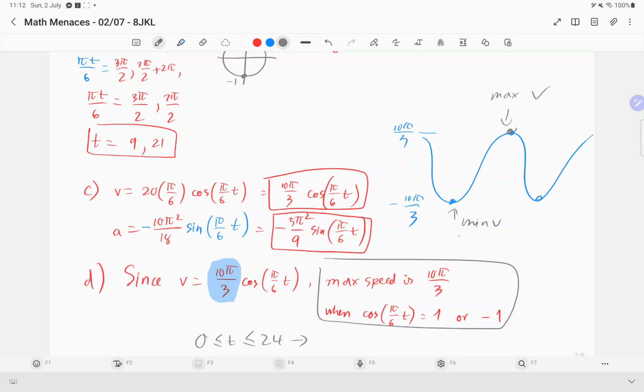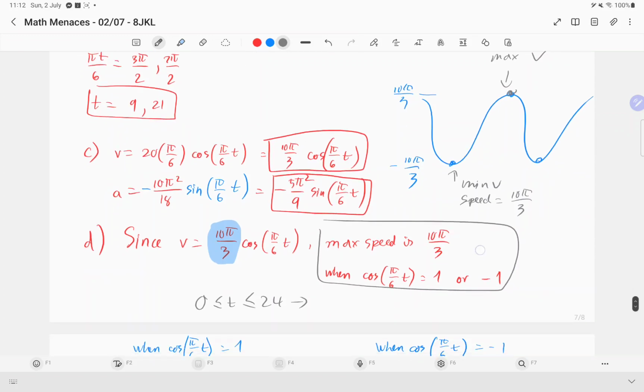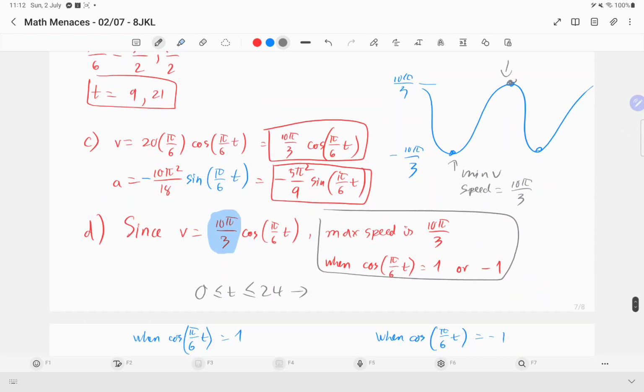But note that the speed at this one is still 10 pi over 3, because we don't care about the sign. And then the top one is also 10 pi over 3. So it's like forgetting the amplitude and saying that's -1. Yeah, that's right. Okay, that part is the hard part in this question to understand.